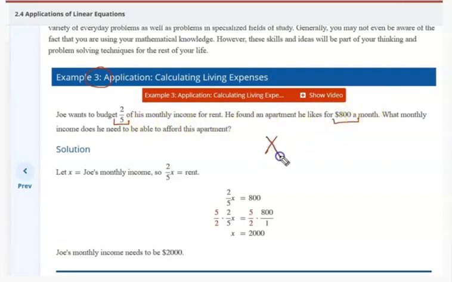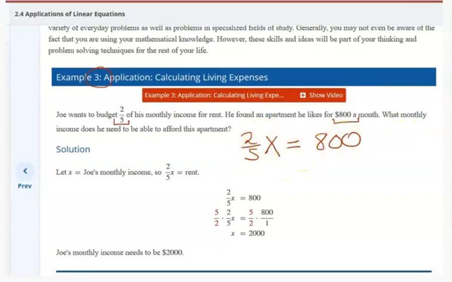Well, he's going to need x. Now, this is going to be something that's going to be his rent that we know is $800. Now we know x doesn't equal 800, but he says 2/5 of this x is going to be 800. So we put the 2/5 there. Now, 2/5 of his total income is equal to 800.